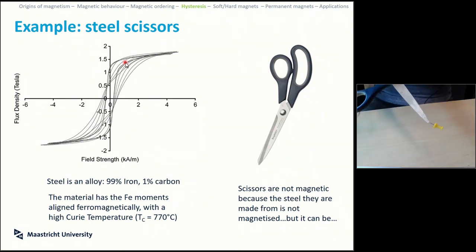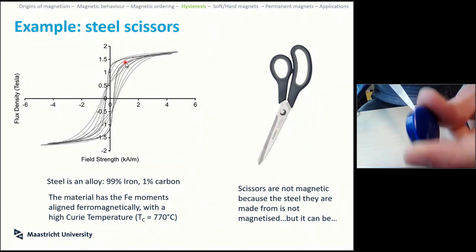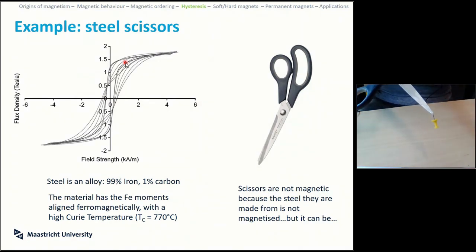And now my steel is actually magnetized, because even with no additional magnetic field added, I have the remanence flux given by the alignment of all my magnetic domains inside of the material.